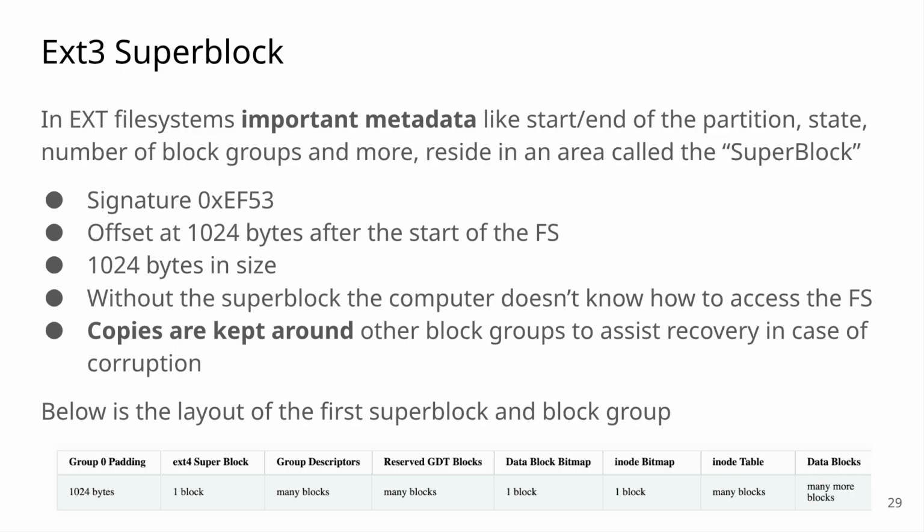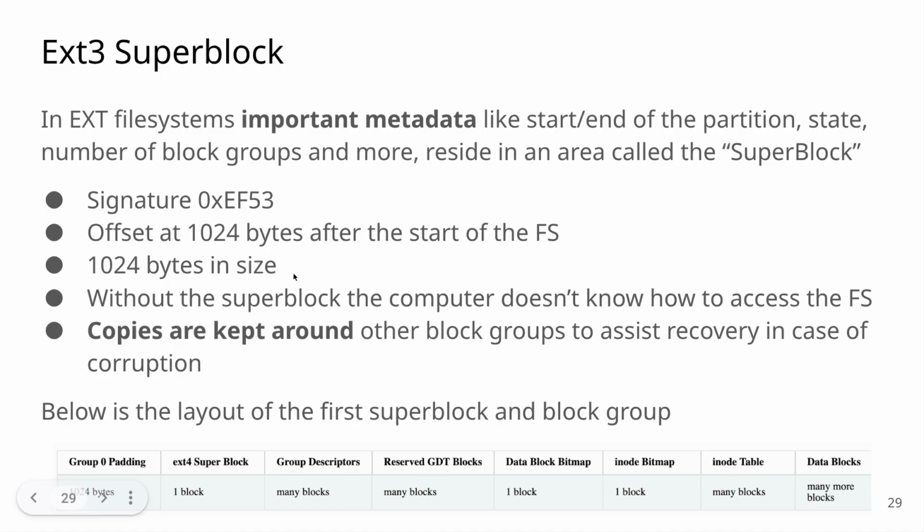So ext3, going back now to Linux file systems, has this idea of block groups, and these block groups are preceded by the super block, which is a special block that has, for example, the metadata like how many blocks are in the block group, the state of the block group, and other important metadata.